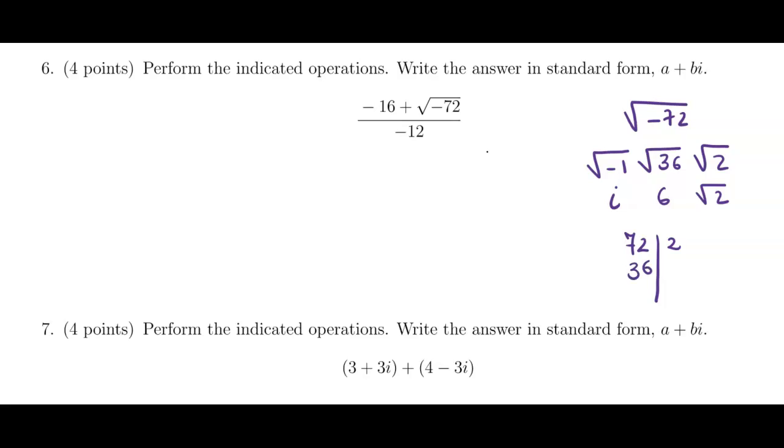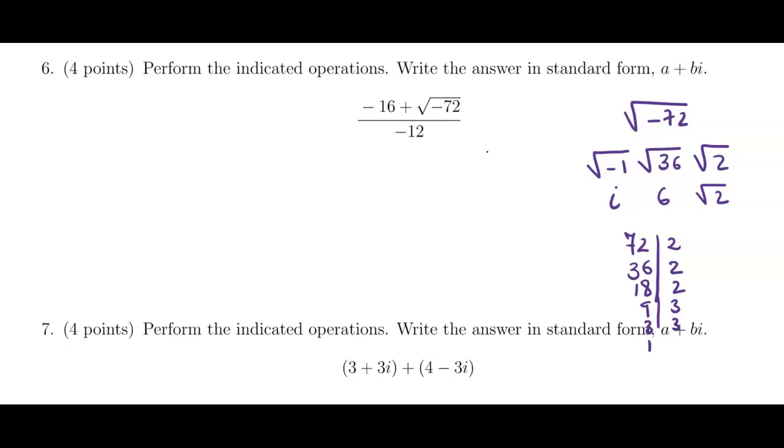The first prime number dividing 36 is again 2, and you get 18, and then 2 again, you get 9, and then 3, 3, and 1.